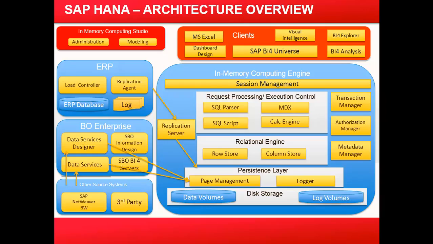In this particular slide you can see the in-memory computing engine and the in-memory computing studio, which are the key components of SAP HANA. Apart from that, there are database clients like JDBC, ODBC, and ODBO, which allow the client tools to connect to SAP HANA. Apart from that, here you can see there is the ERP system, and we have BO Enterprise, which has Data Services Designer and Data Services. Then we have other systems like SAP NetWeaver BW.